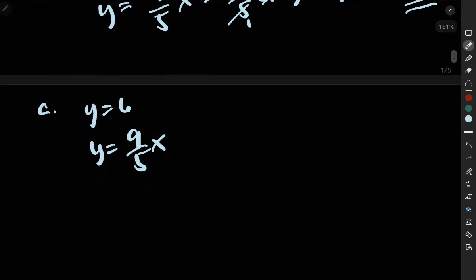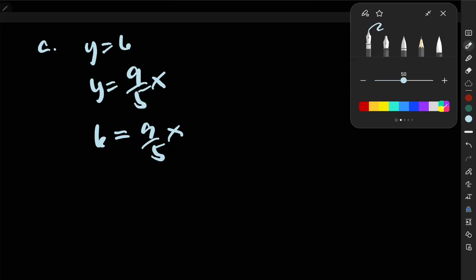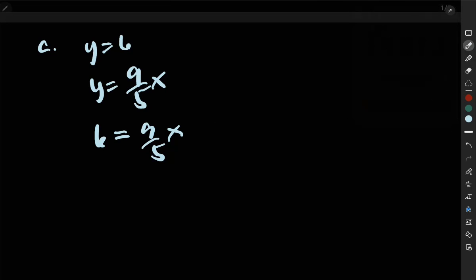So 6, that's the y. We're going to replace y by 6 and then copy the rest, and then solve for x. Even if you have this equation, if you don't know how to do algebra, you're going to find it hard. That's why you need to master algebra first before solving this.